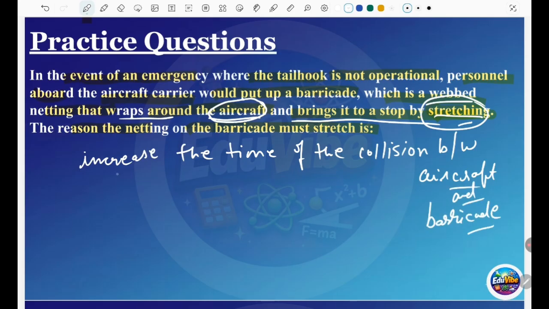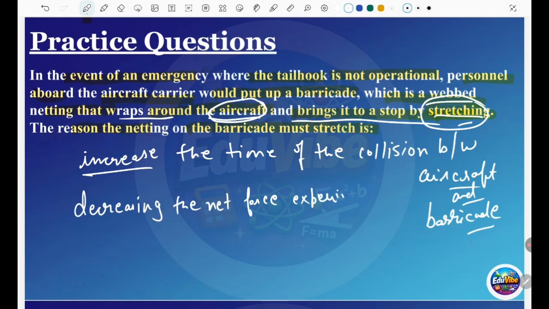And we know that if they increase the time, they decrease the net force experienced by the aircraft. That is the point you have to know. That is the reasoning for this question.